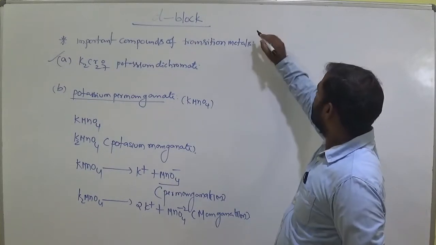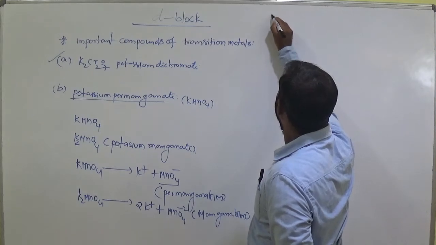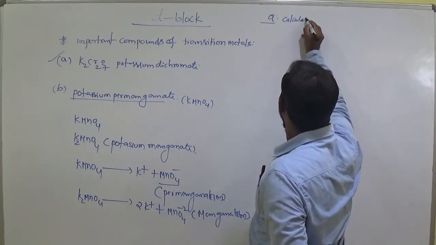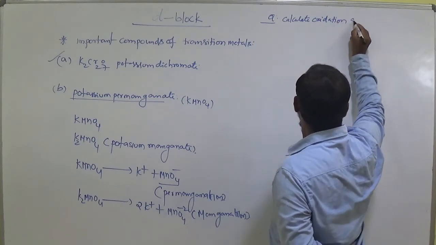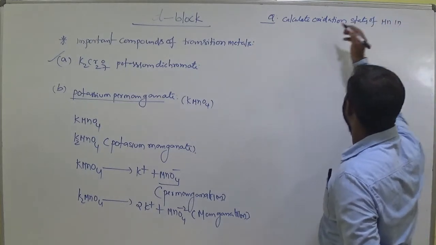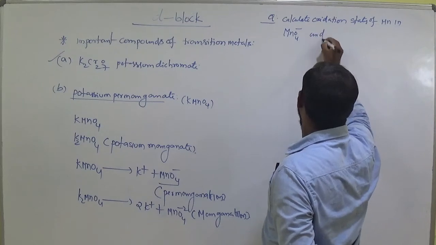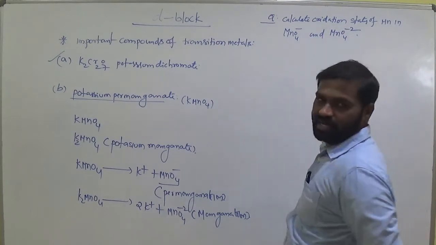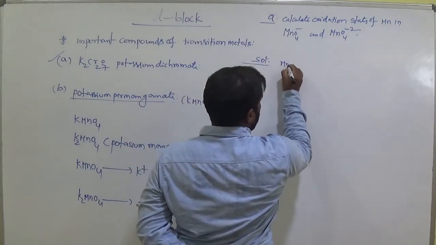So now calculate the oxidation states of manganese in the permanganate ion and manganate ion. Let us take the first one, MnO4-.